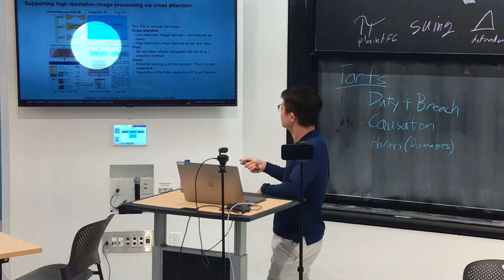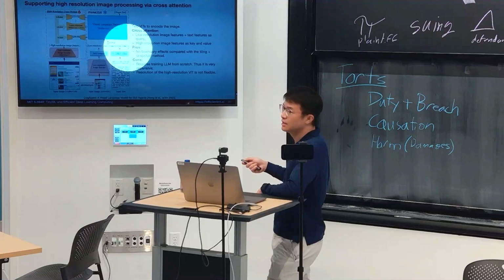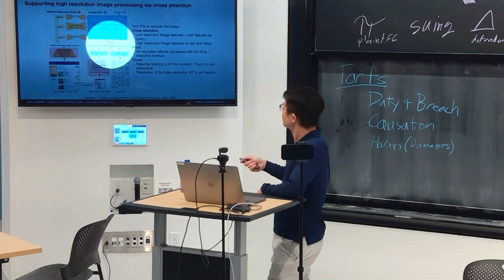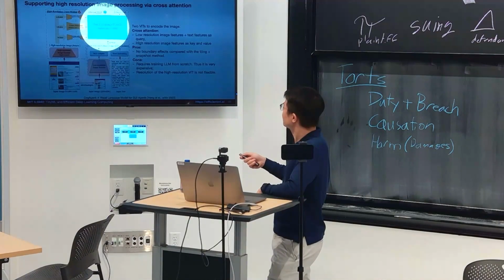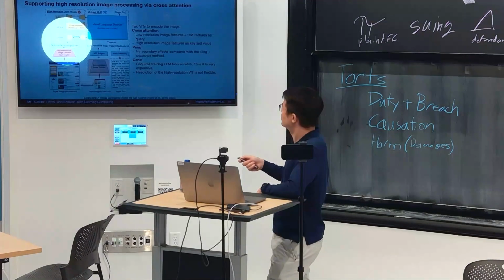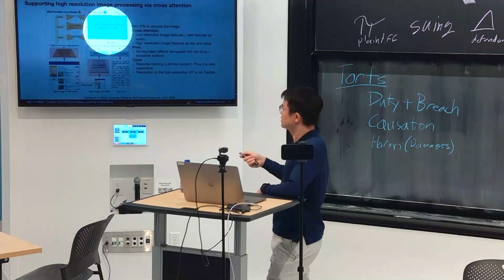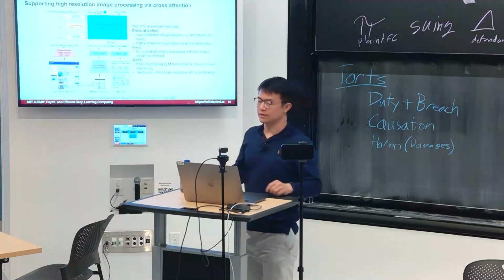So the low resolution image feature is concatenated with the text feature and fed to the visual language decoder, while the high resolution image feature is injected here through cross-attention.